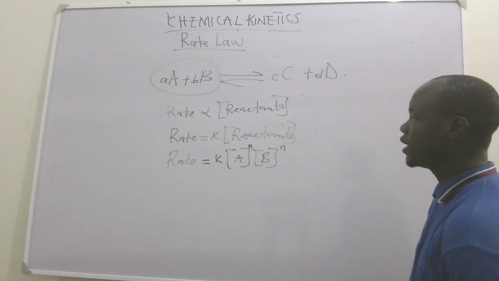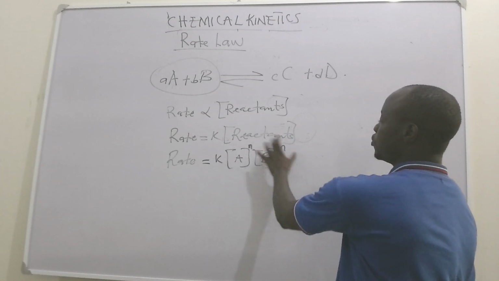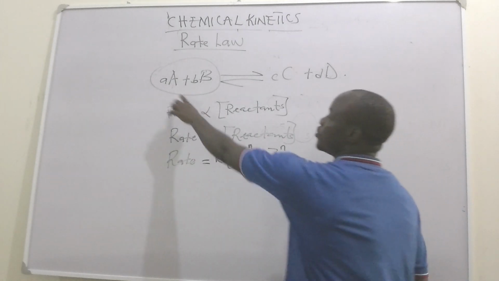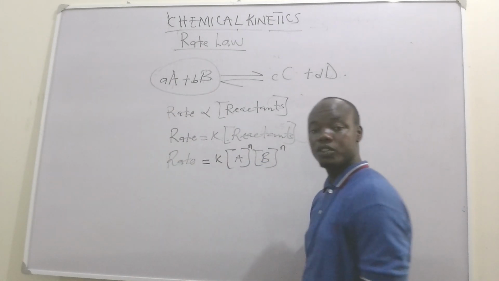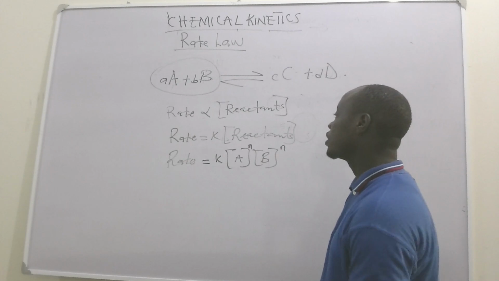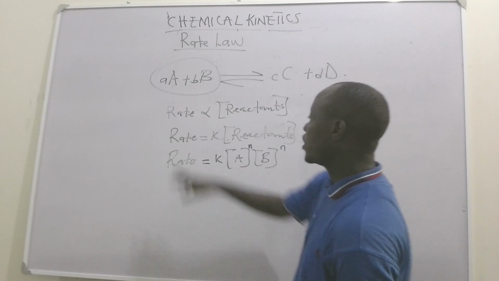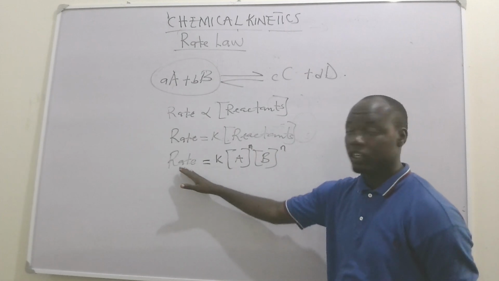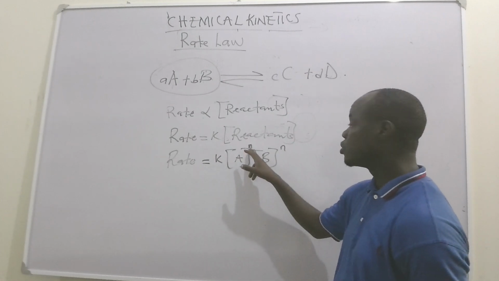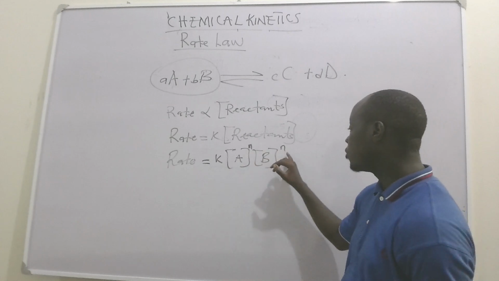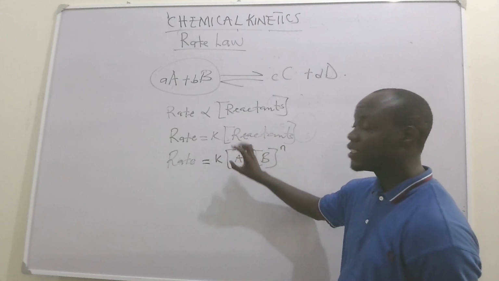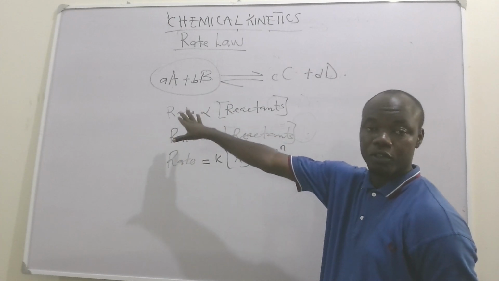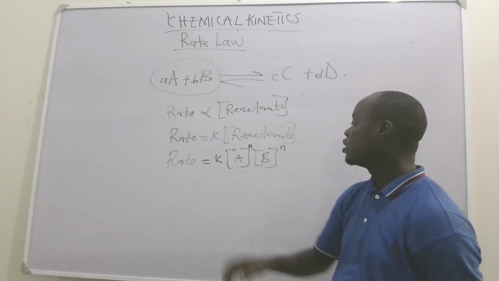We should understand that these exponents m and n do not mean the coefficients of the reactants. That is why, as you can see clearly, we have small letter a and small letter b in the equation, but when expressing our rate law we use m and n, because these exponents are not the coefficients of the reactant particles.